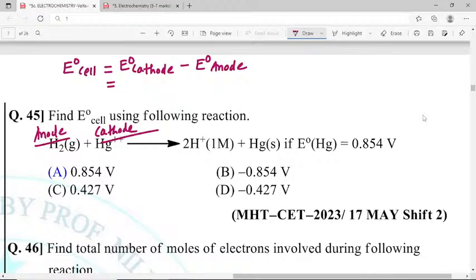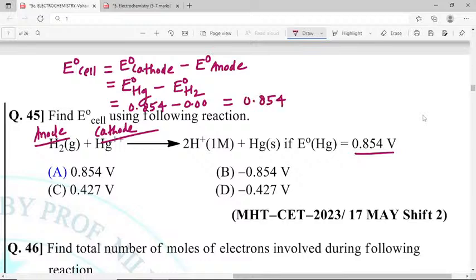So E naught of Hg minus E naught of hydrogen. What is the mercury value? 0.854 minus E naught hydrogen 0.00 is equal to 0.854 volt.